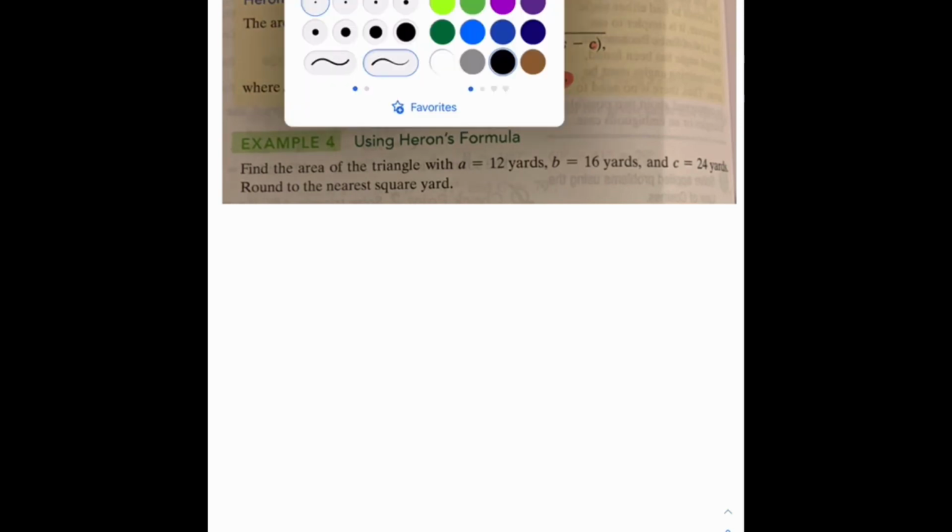Let's start directly with the first example, example number 4. Find the area of the triangle where A is 12 yards, B is 16, and C is 24. I'm going to just sketch a triangle here, so it will help me to solve. A, B, and C. Small a is equal to 12, small b is equal to 16, and small c is equal to 24.